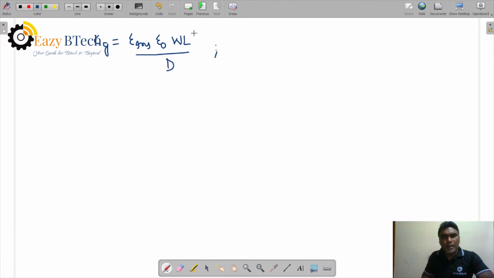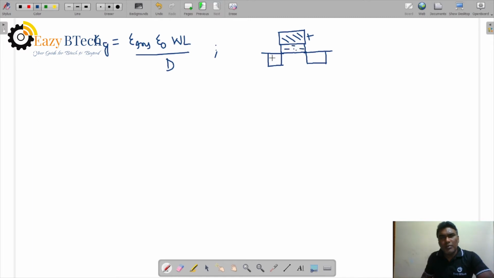So gate to channel capacitance means it is a polysilicon and below SiO2 layer and in channel area. This is a channel area. Polysilicon, this one is a polysilicon. Positive charge carriers. SiO2 layer is a dielectric layer.